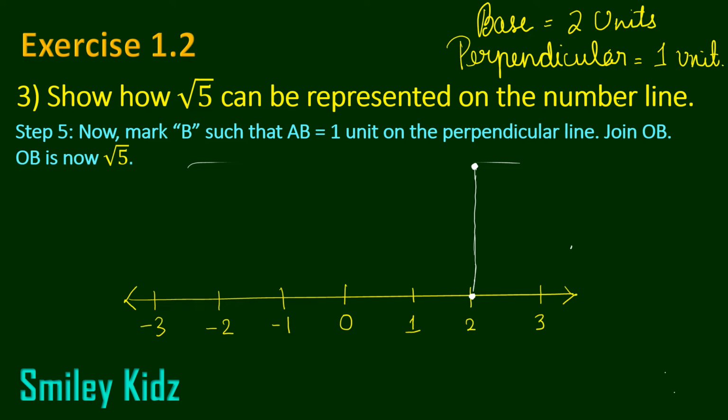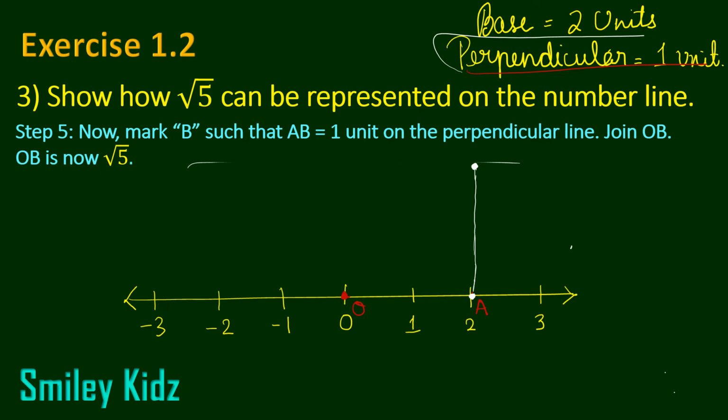Step 5. Now mark B such that AB is 1 unit on the perpendicular line. Join OB. Now OB is root 5. So this was O, this was A, right? Now we are going to mark B. Where are we going to mark B, by the way? We know that the perpendicular is 1 unit.